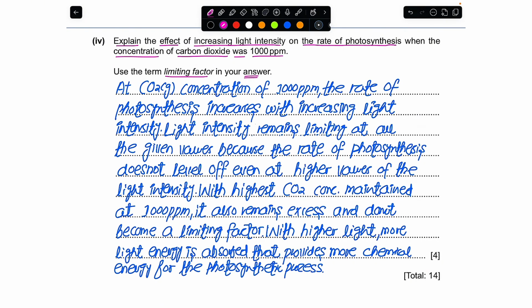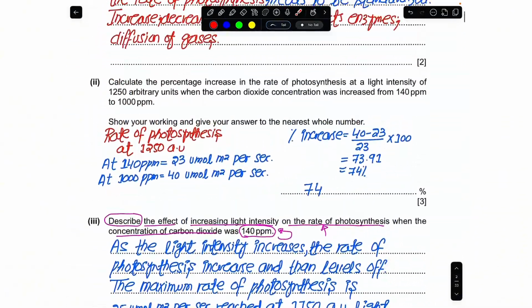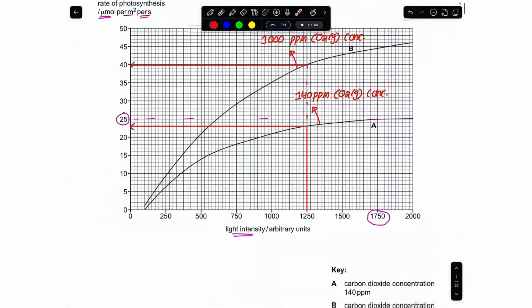marks. So we would revert back to the graph and see how the light intensity has impacted the rate of photosynthesis when the carbon dioxide concentration was kept at 1000 parts per million. You are required to look at the graph again.